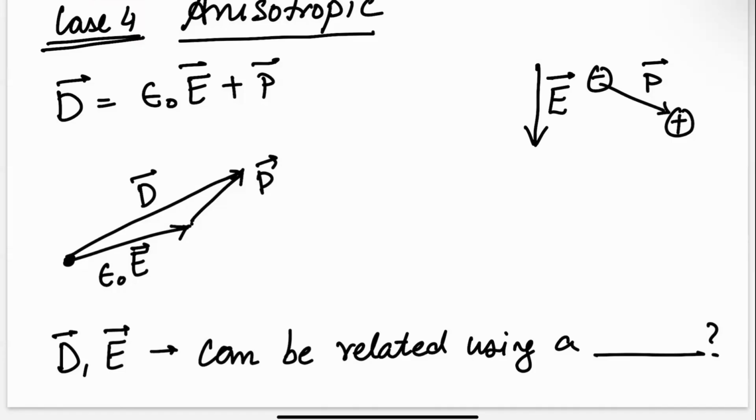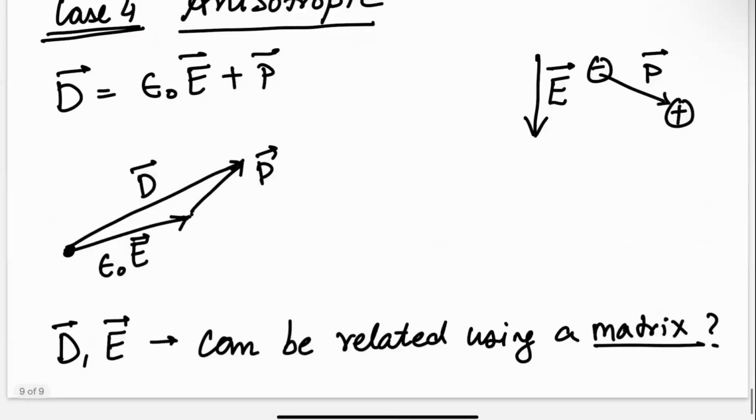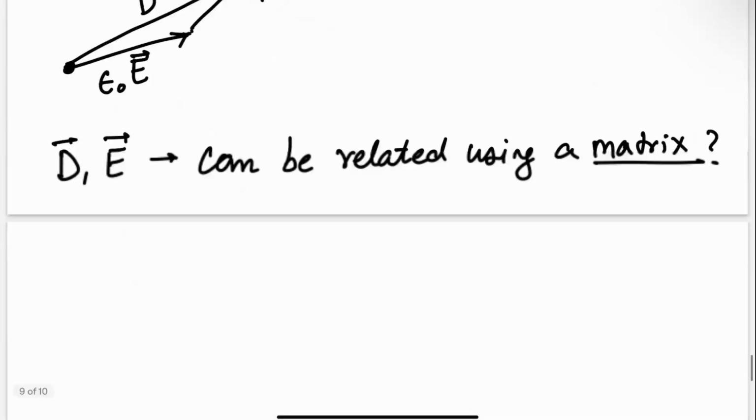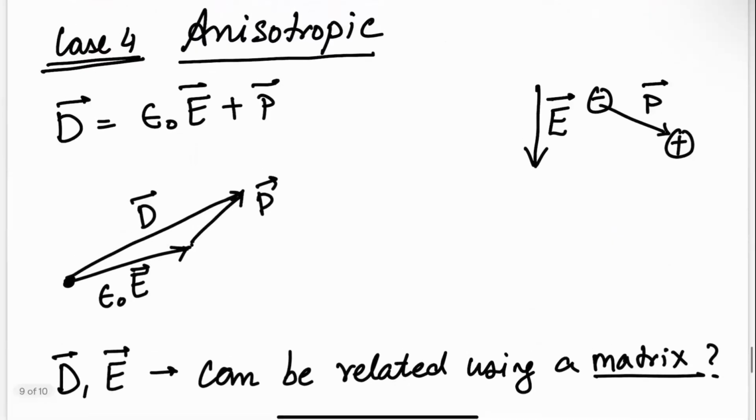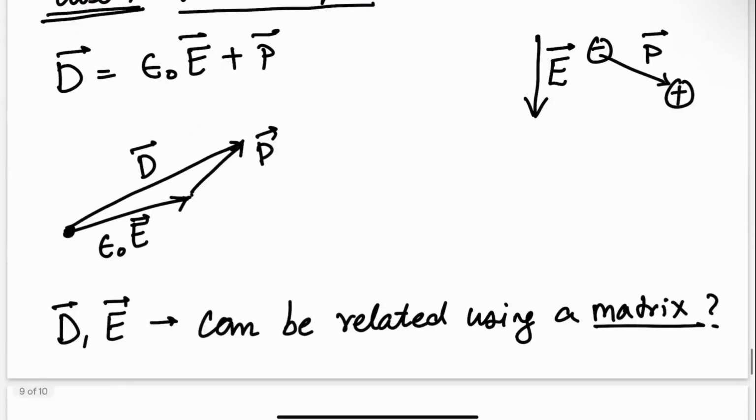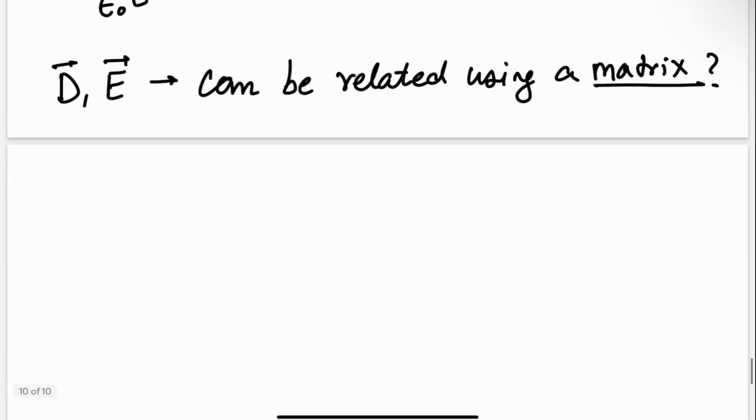And linear transformation in some basis can be represented as a matrix. So if you've taken a linear algebra class, you've seen what a matrix is before. Of course, linear algebra today is so popular, right? So hopefully you've seen it before. Which means that the D and E field are related by a matrix, which is sometimes called a tensor. Tensor is just a fancy word for a matrix.